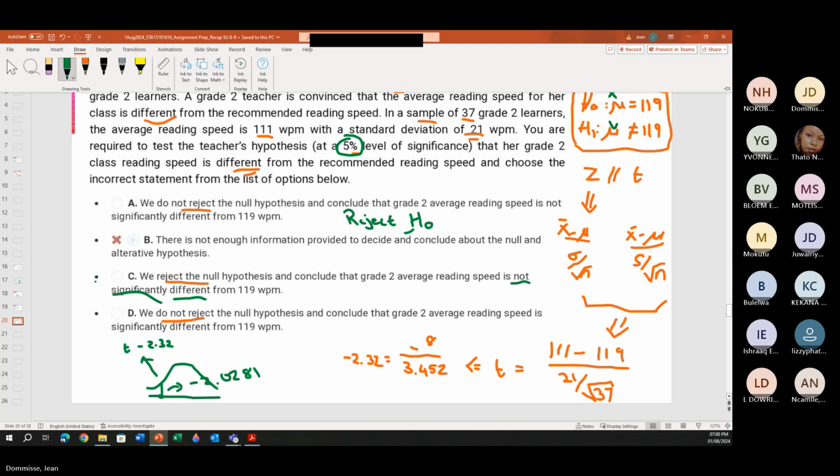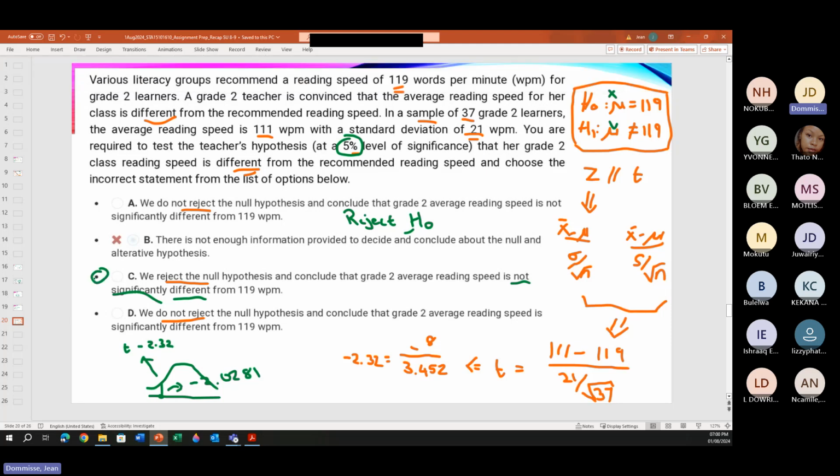So the first thing is that we do not reject the null hypothesis. Sorry, we reject the null hypothesis. So that means that we can already eliminate those three options. I think there was an E option as well, but yeah.